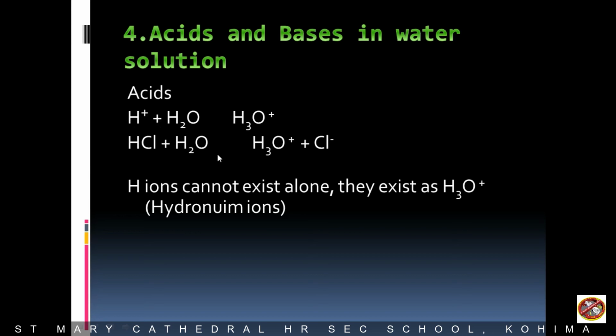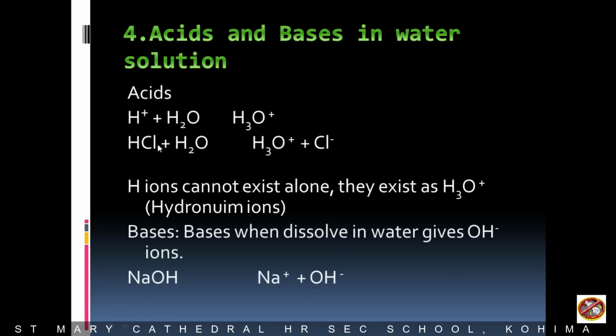They go and react with any compound, and that is why you won't find them alone. So hydrochloric acid, when it reacts with water, gives you hydronium ions. You will always get hydronium ions, not hydrogen ions alone.